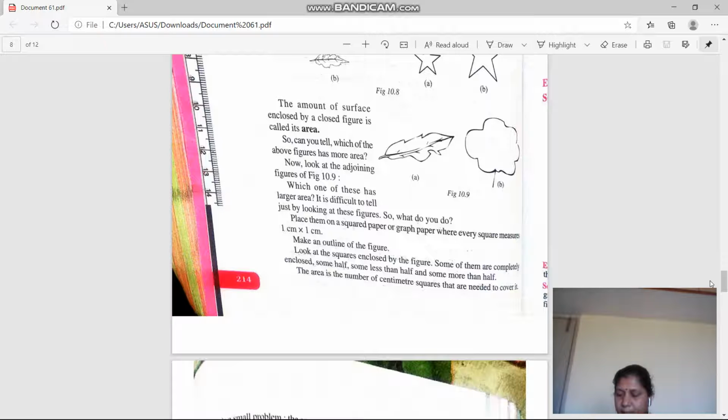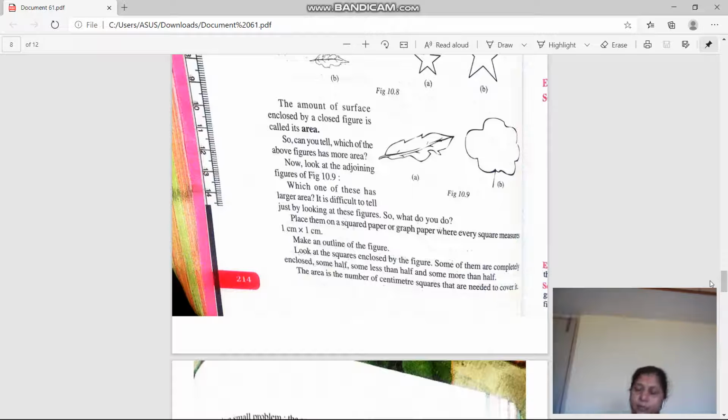Now see the example N, the last one. Let's start calculating: 1, 2, then 3, 4, 5, 6, 7, 8, 9, 10, 11, 12, 13, 14 and 15.